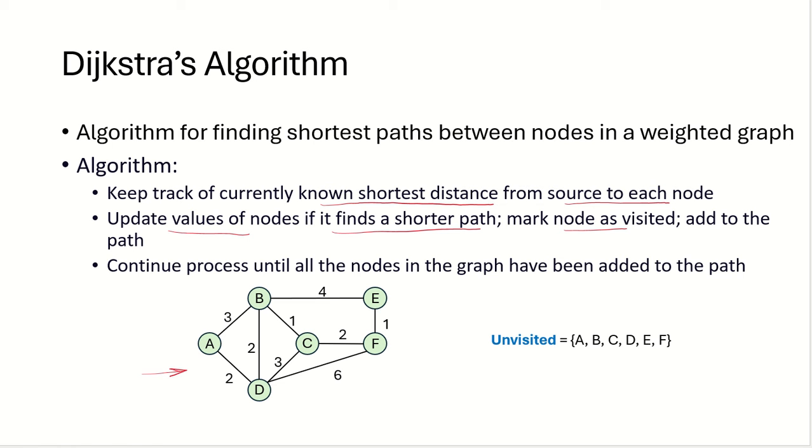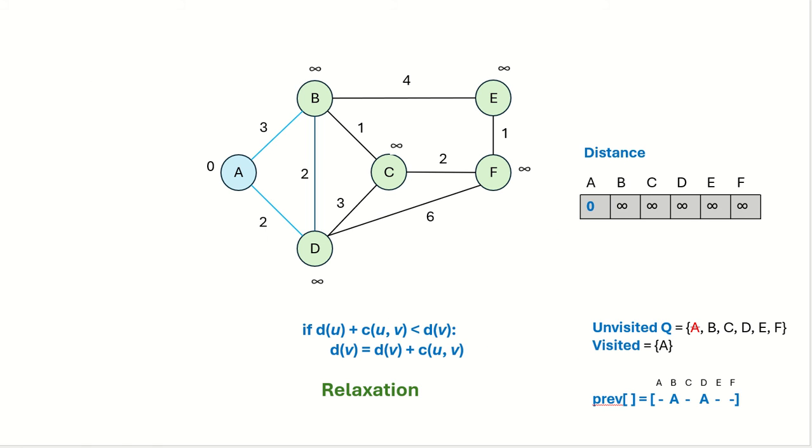So let's say we have this weighted graph, and we have all these unvisited nodes A, B, C, D, E and F. If we have to choose a source vertex, let's say this is our source vertex A, and now we have to find the shortest path from A to all the other nodes in the graph. So we use a technique which is known as relaxation.